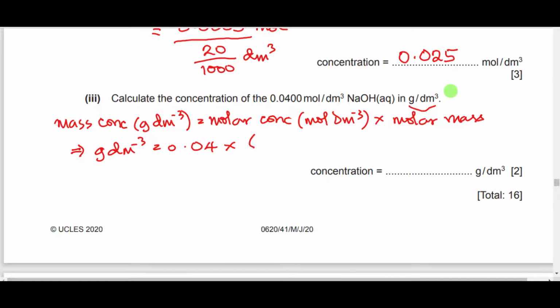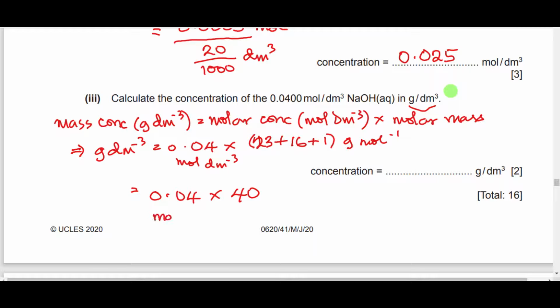What's the molar mass of sodium hydroxide? This is 23 plus 16 plus 1, in grams per mole, right? This is moles per dm³. So this was 0.04 times 40. Look, this is moles per dm³ times grams per mole.